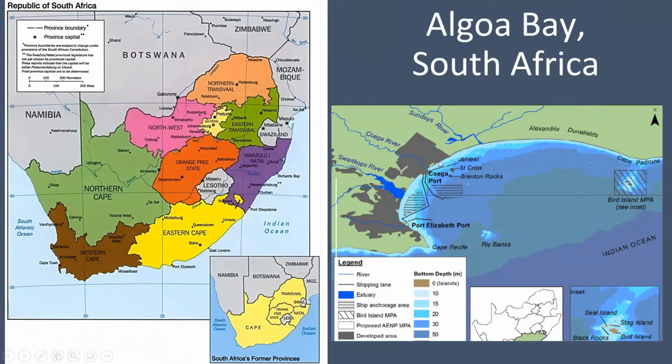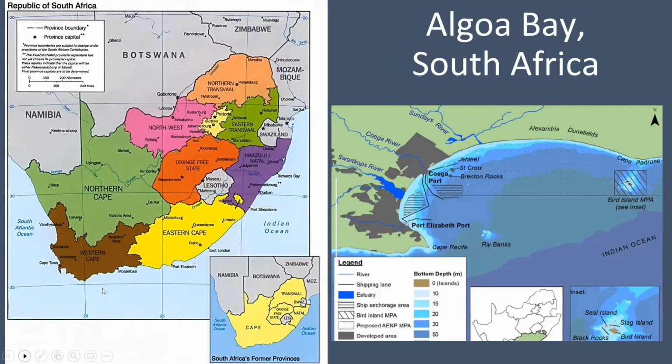We have a deep water port, which is the Kruger port, and then we have a smaller harbour. We have 4 marine protected areas that you can see over here: Bird Island, these, and then these over here, and there's one over here and further down here. It's coastal urbanization, but also a lot of farming around here as well.